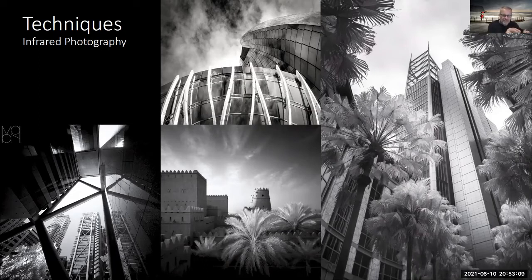And LifePixel have one where they do a conversion to the camera where you can then put different filters on the back of the lens to get different effects, right? Because once I've converted my camera to 850 nanometers, all I can do is shoot black and white.